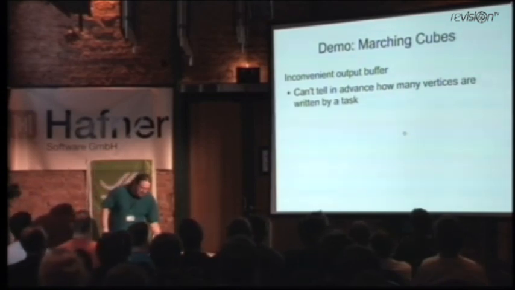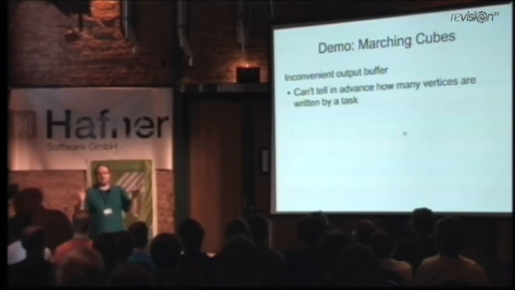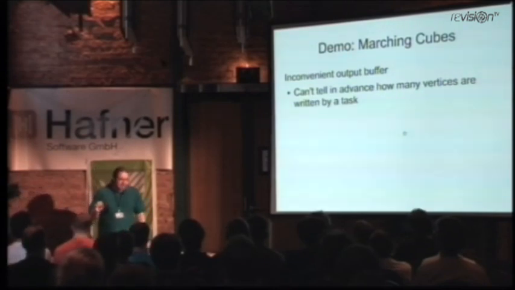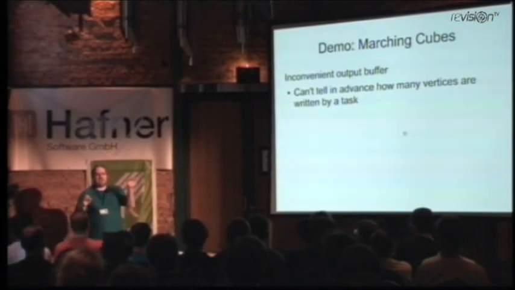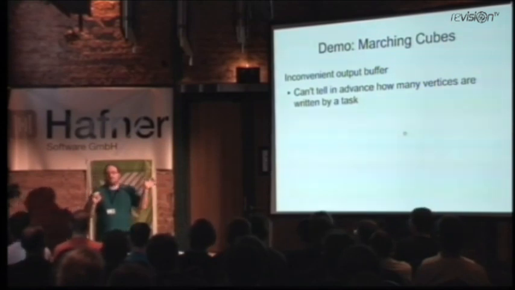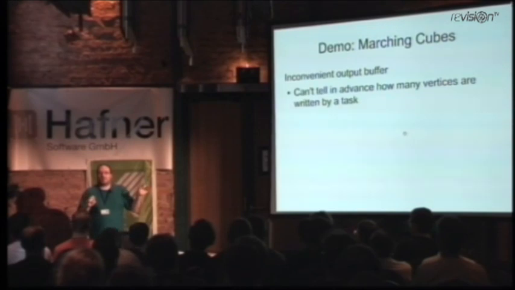We can't do it with a single vertex buffer, but we can do it if we have a vertex buffer for each thread. Then each task can just append to the thread's vertex buffer, and in the end we have only a vertex buffer per thread, which is okay.